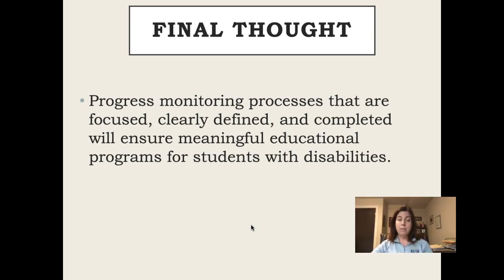For instance, maybe there are problems with who's actually monitoring that progress, as we talked about, or is that the right goal for the student? So you could have a really well-written IEP, but it might not be being implemented. That can be really frustrating, both to parents and families, students, and the entire IEP team. So that's why this piece of it is really, really important.